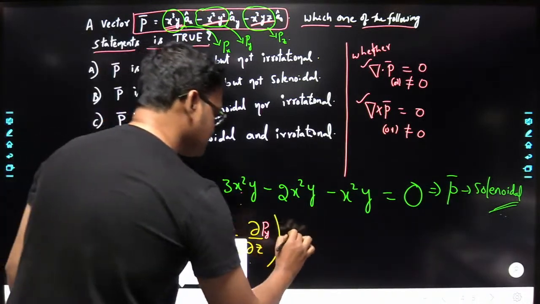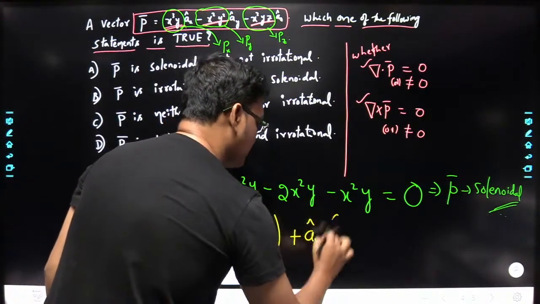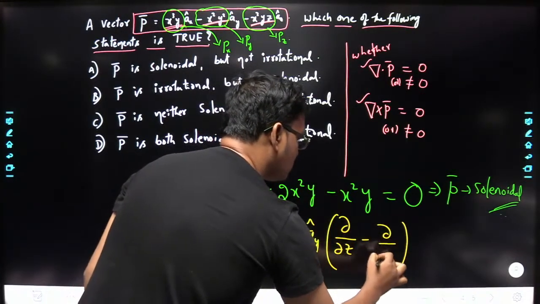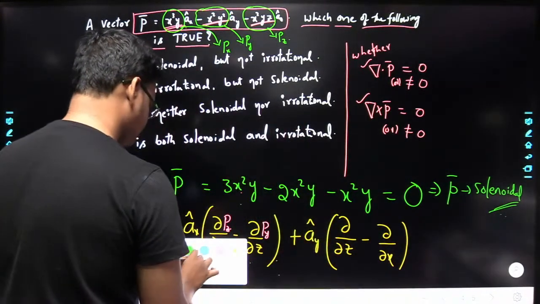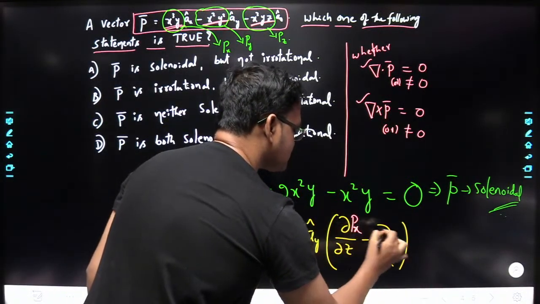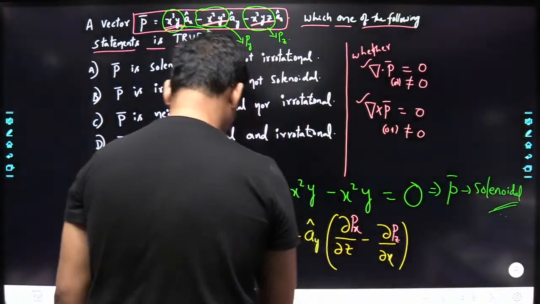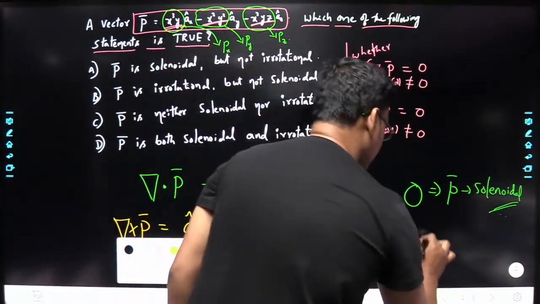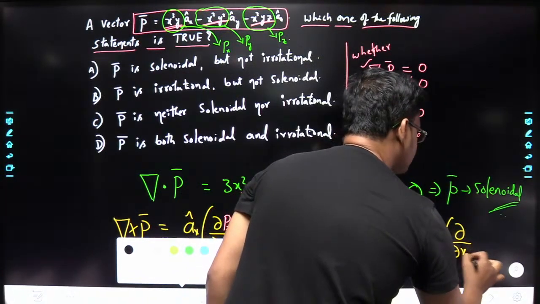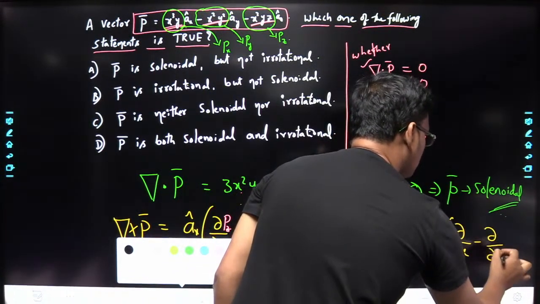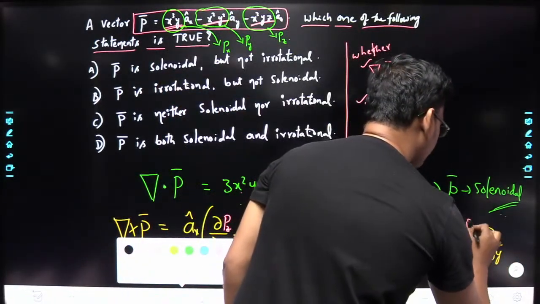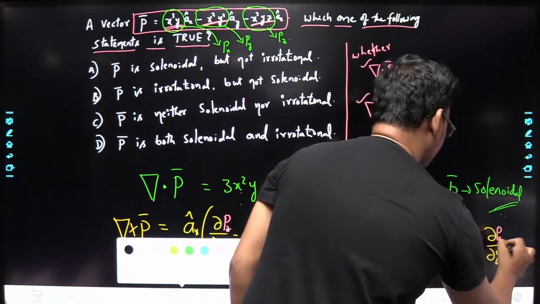Next, plus ay cap into dou by dou z minus dou by dou x. Now here you have to write px and here pz. Next, plus az cap into dou by dou x minus dou by dou y. Okay, so here py and here px.